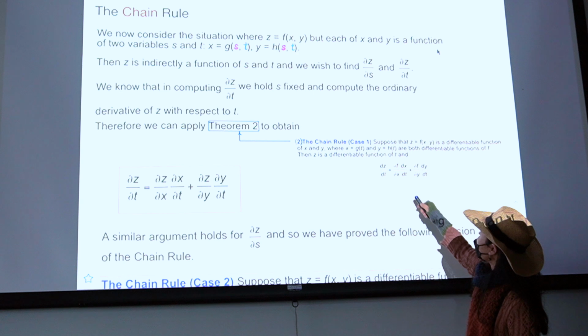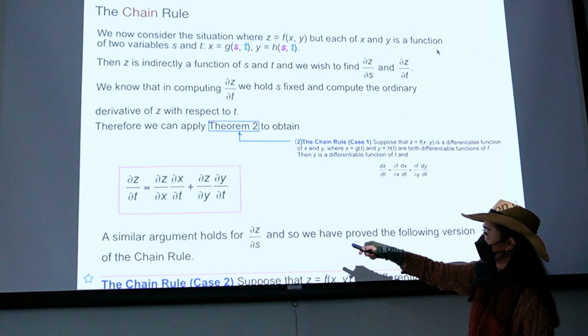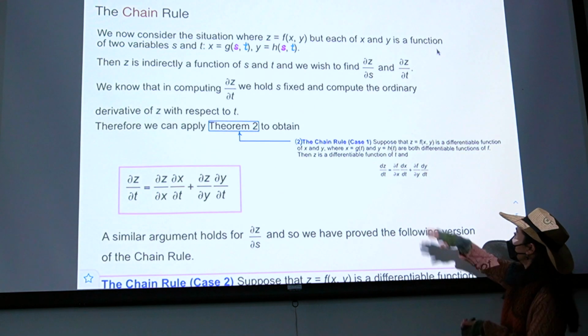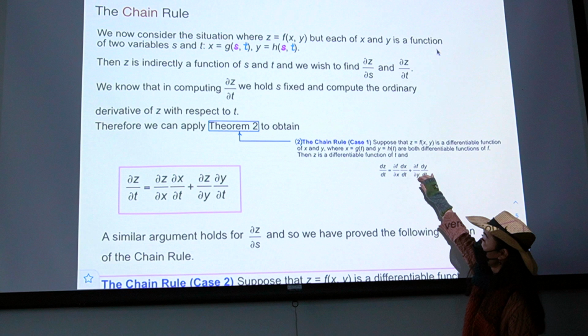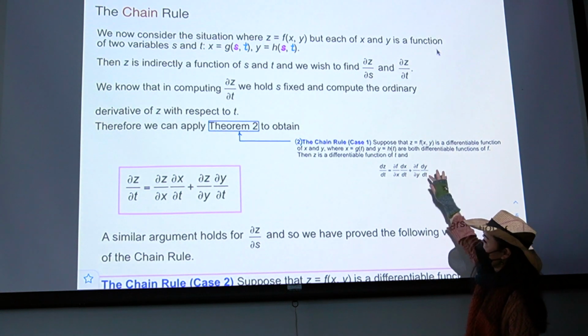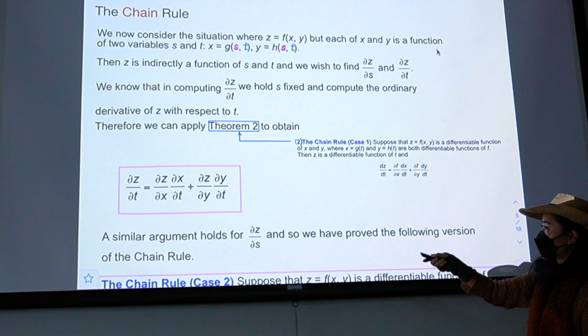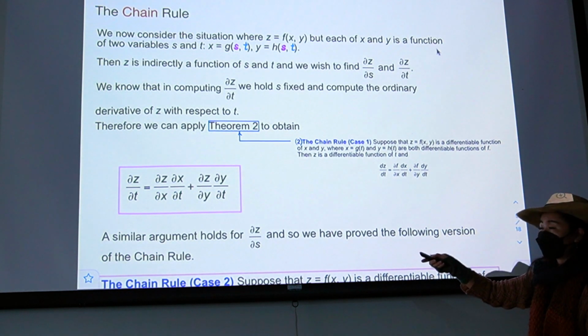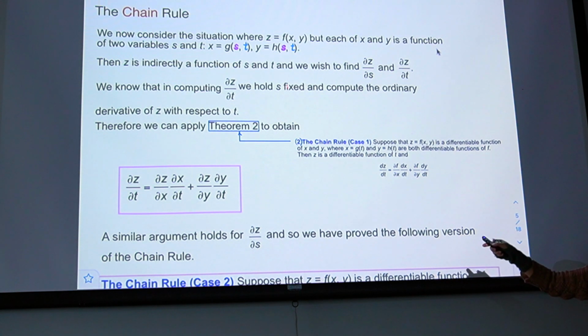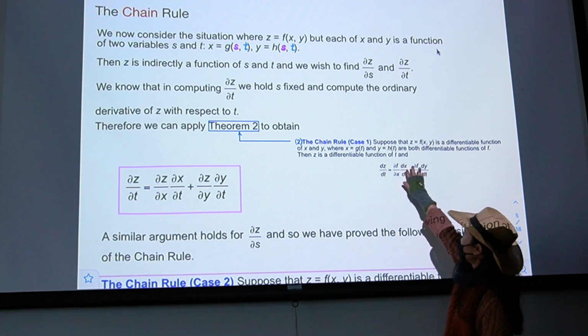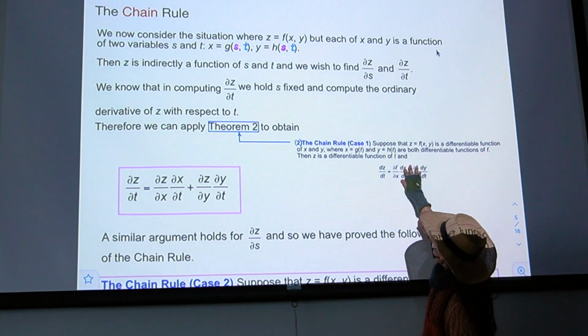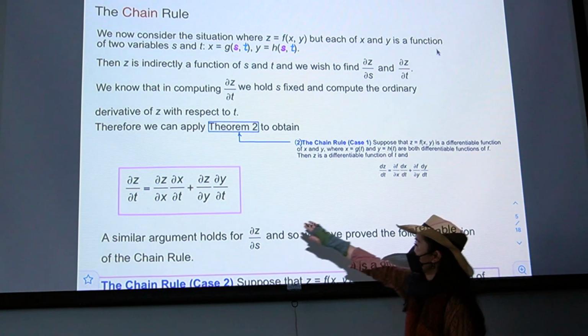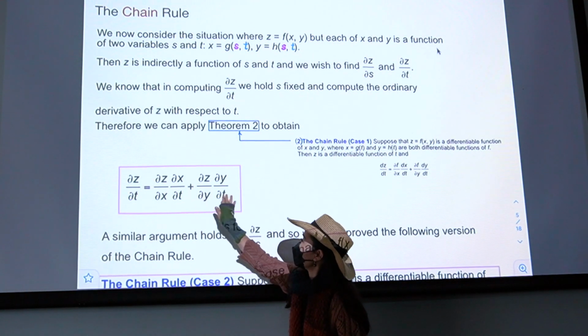Similarly, partial z, partial y, and instead of dy dt, you put partial y, partial t. You're holding s fixed, so instead of the ordinary derivative you use a partial derivative here and here.